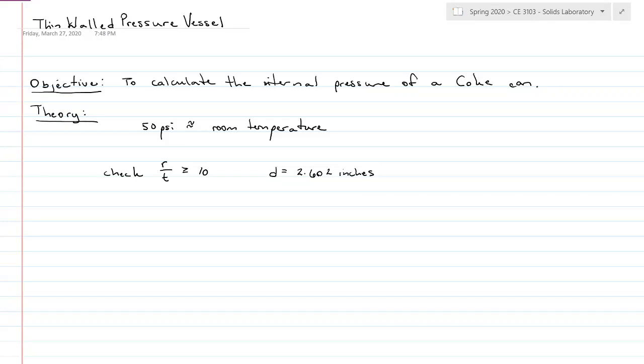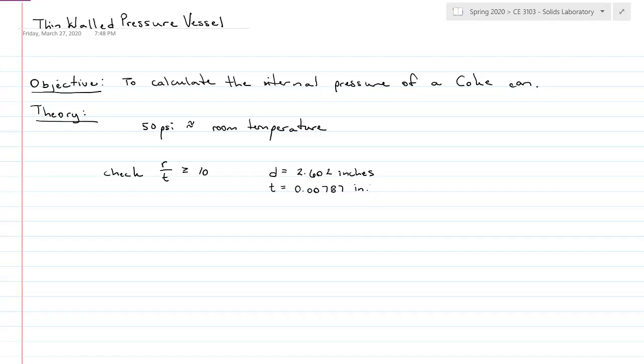I actually measured it at 66 millimeters, so there's the conversion. The wall thickness we'll have to measure again after it's opened, but it should be about 0.00787 inches. That's about 0.2 millimeters.